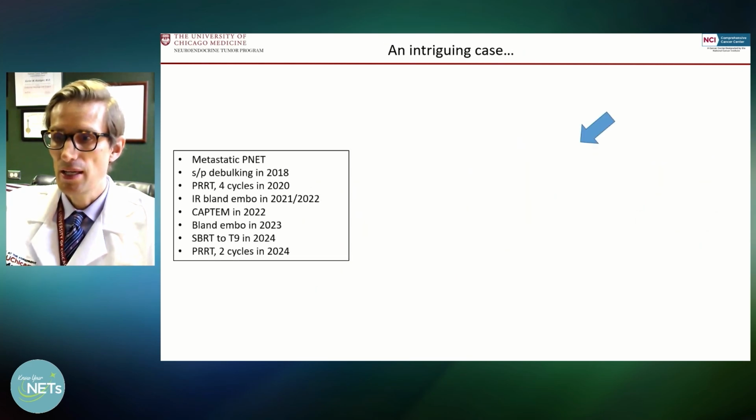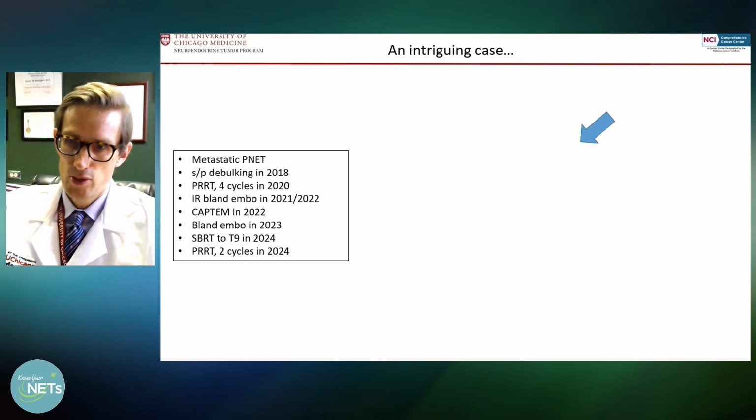Now, this is an intriguing case I wanted to present. So this is a metastatic PNET patient that underwent surgical debulking in 2018, had 4 cycles of PRRT in 2020, had bland embolization in 21 and 22, underwent CAPTEM in 22, bland embolization in 23 again, had some external beam radiation to the spine in 24, and underwent another 2 cycles of PRRT in 2024.